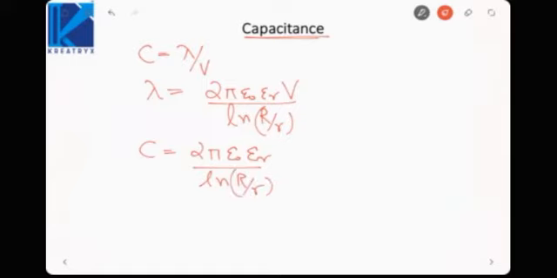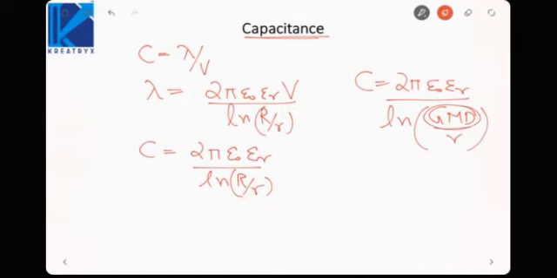This formula is similar to what we derived for the overhead line. There it was 2 pi epsilon naught epsilon r over ln GMD by r. So here, instead of GMD, we get the sheath radius, that is, the radius of the outer surface of the insulator.